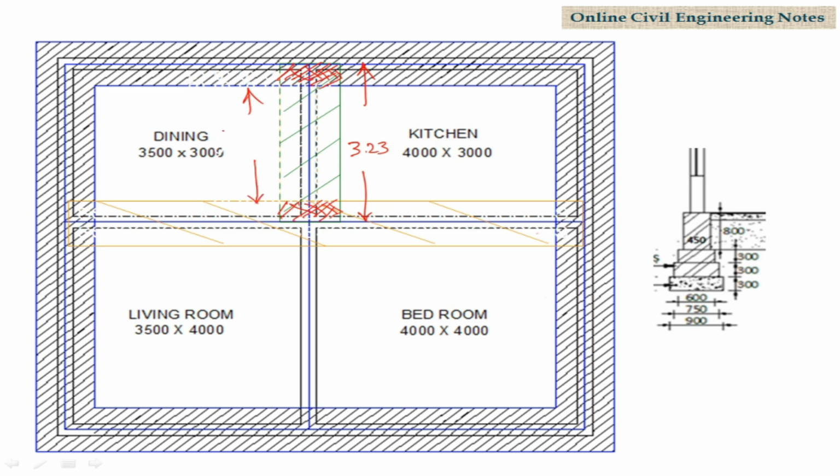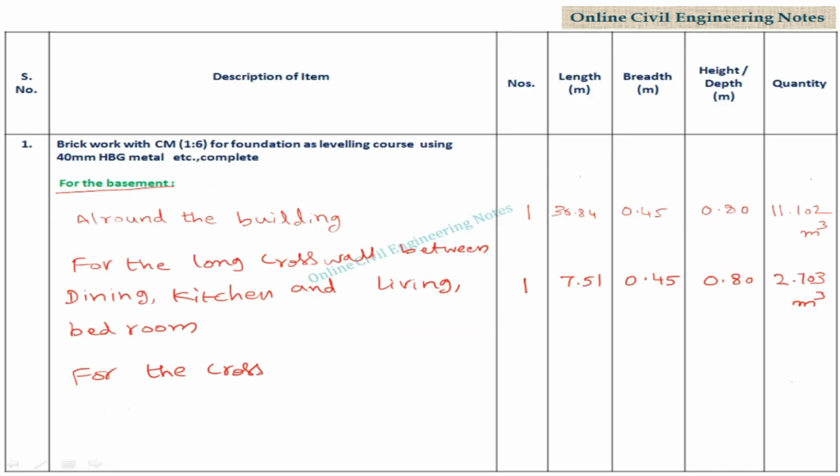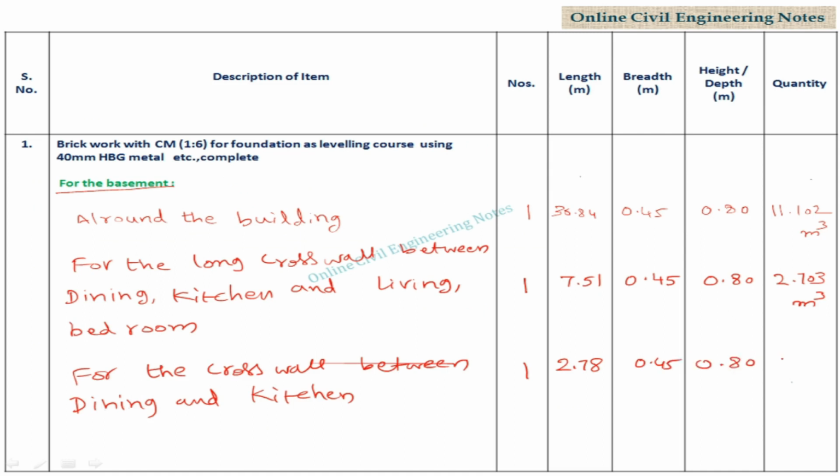This portion length is 3.23 minus 0.45 by 2 on both sides. This length is 2.78 meters. Width of basement is 0.45, depth is 0.8. For the cross wall between dining and kitchen, number is 1, length is 2.78, width 0.45, depth 0.8. Quantity is 1 cubic meter.